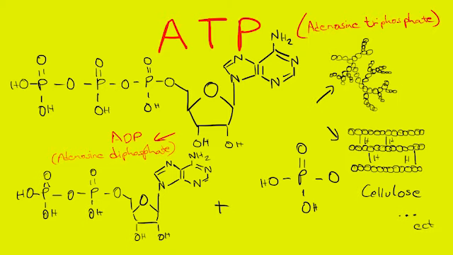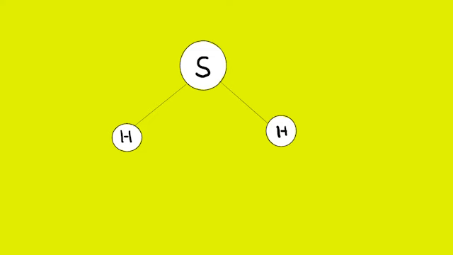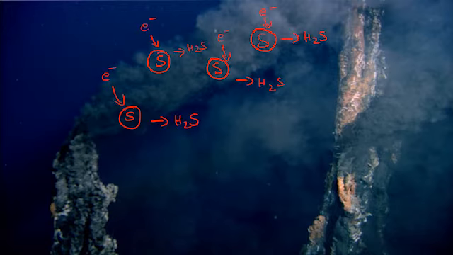Now, how is this process carried out without the photon of light provided by sunlight? The answer is hydrogen sulfide. In the hydrothermal vents, there are lots of black smokers which have metal sulfides produced as smoke, and they're reduced to hydrogen sulfide. And this hydrogen sulfide is used for its electrons in the electron transport chain.